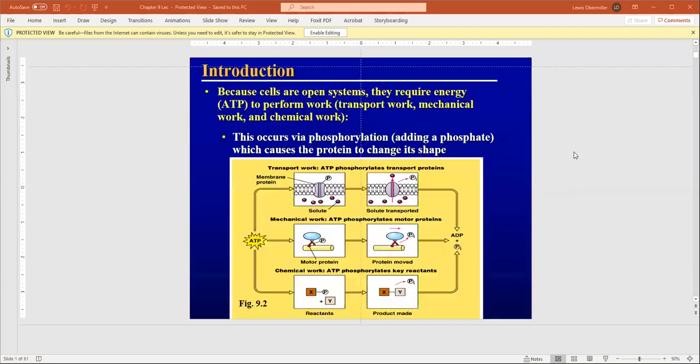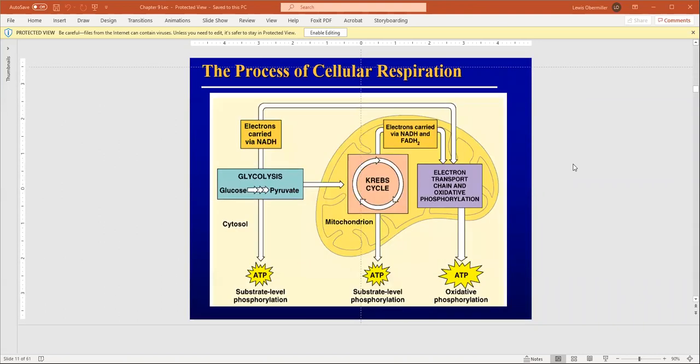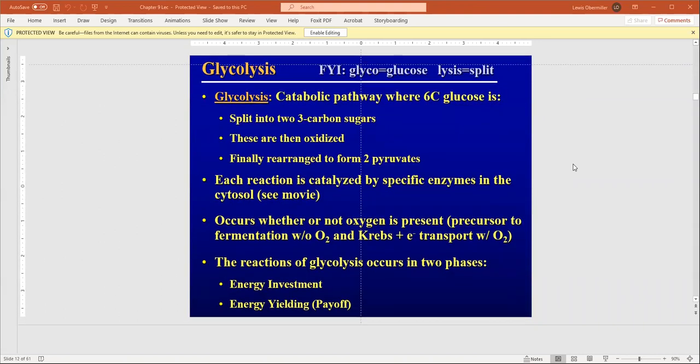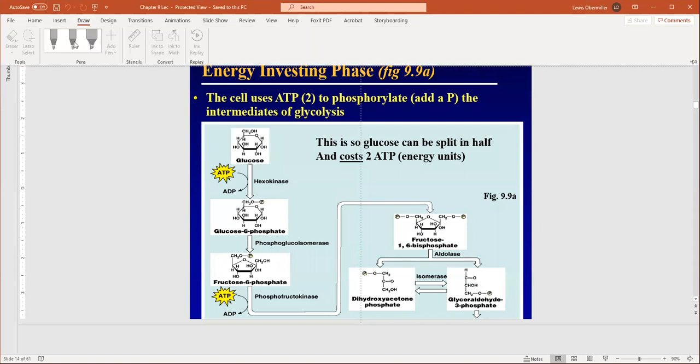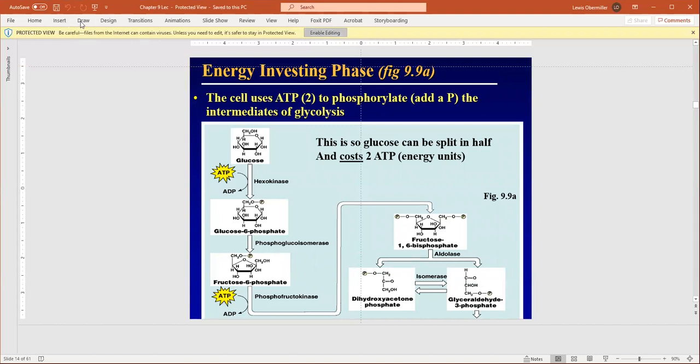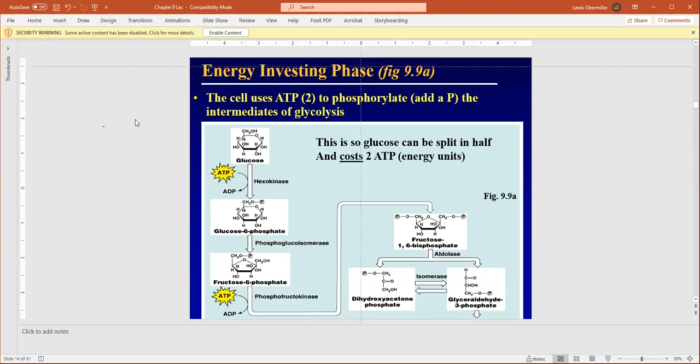Okay, so this is chapter 9, and I'm going to scroll ahead just to show you what's going on. So this is a process called glycolysis. And then just stop me if you can't see this slide from chapter 9, but it should be the energy investing phase. Yeah, it's on it. Okay, so this is what happens.